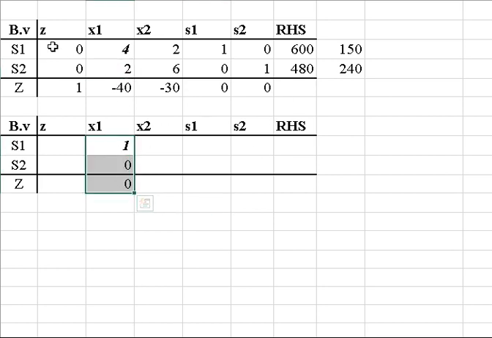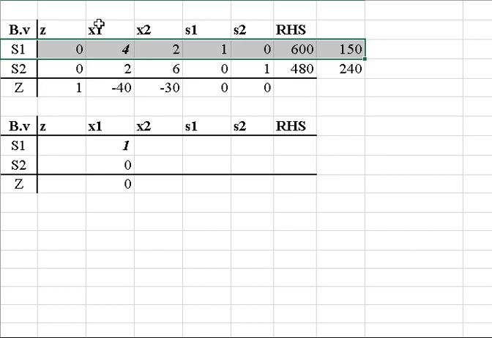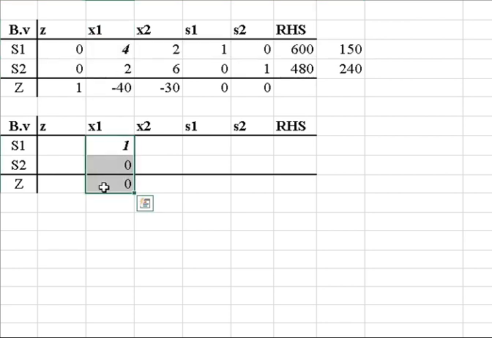Yun yung ating target. Ulitin ko. Your pivot number should be equivalent to 1 in the second table, and the rest of the values of the column should be equivalent to 0. Let's make it that way. Paano natin siya gagawin?